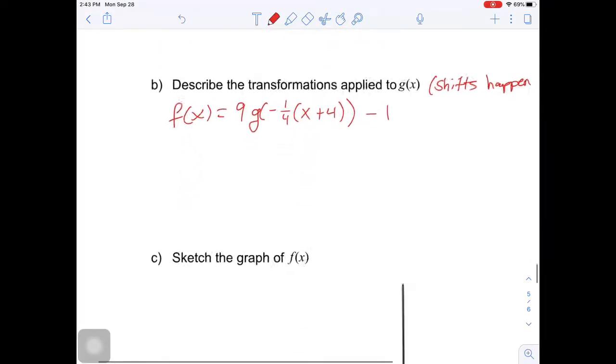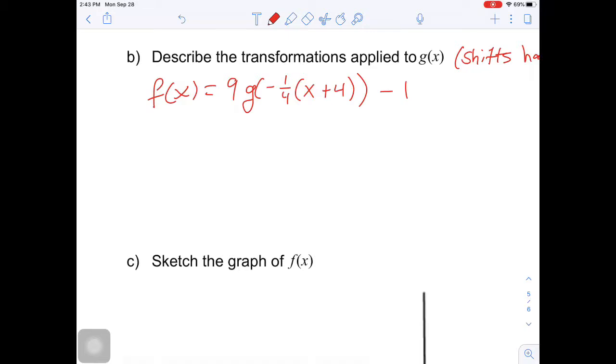Okay, so now we have successfully taken out this -1/4, and we can read our shift properly. So what are the things that are happening here? Remember, shifts are going to be talked about last. So let's first focus on this reflection. There's a reflection here, and that reflection is in the y-axis. That comes from your negative value there. We then have a vertical stretch by a factor of 9.